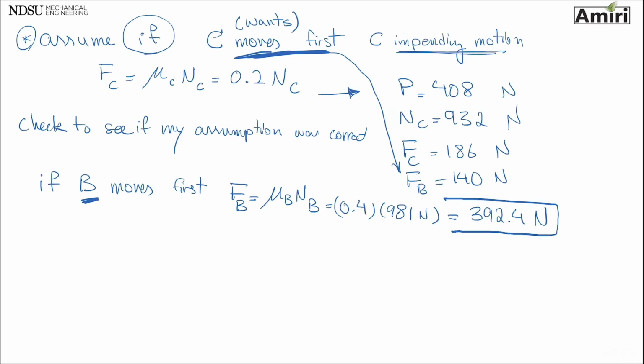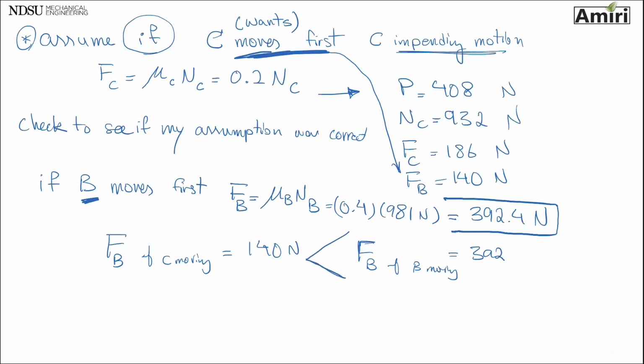So FB of C moving is 140 newtons. FB of B moving, I got 392. This one is way bigger.